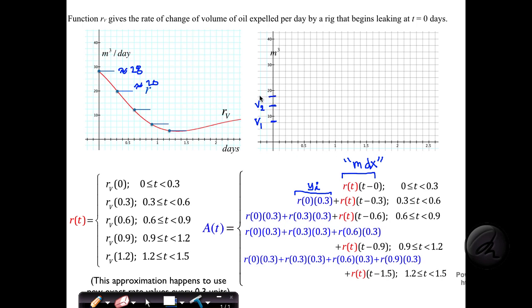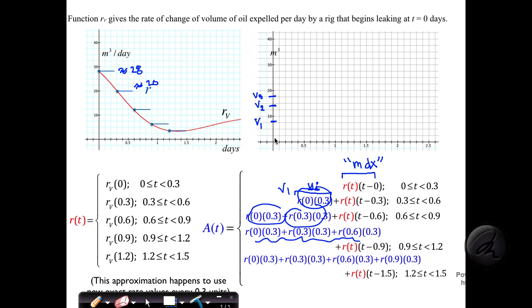There's an extra something, 3.6. But this is V1. V2 is the sum of those two. V3 is the sum of those 3, because those are all the y values, like a full interval's worth of accumulated oil. They add on to one another.